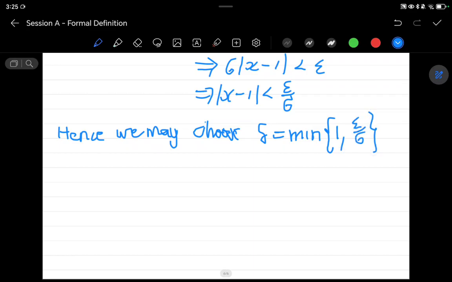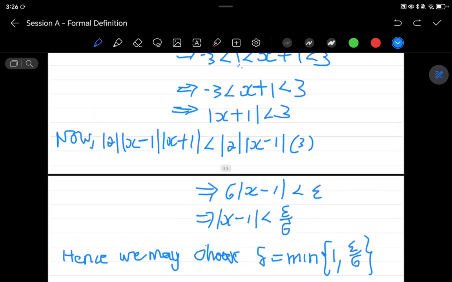Every time you have more than one delta, you're going to write min. We're saying that could be the minimum number of deltas, or some would write it as we may choose delta to be the smallest possible number. That's why I'm writing min. So the solution to that question is like that.